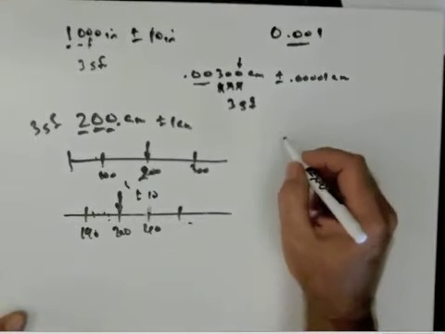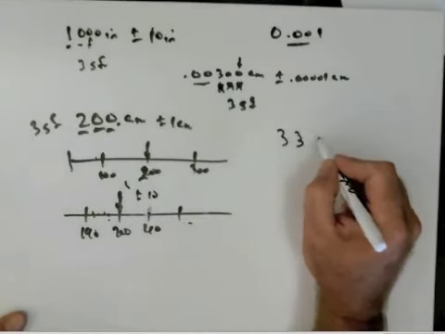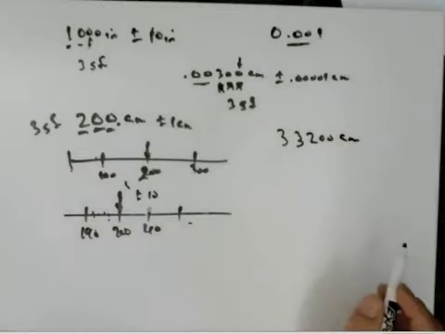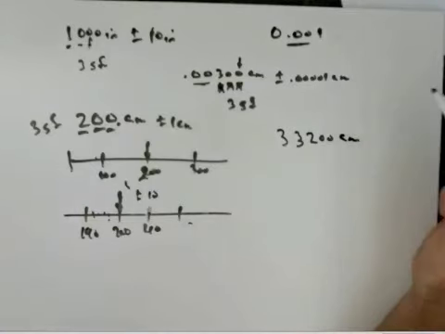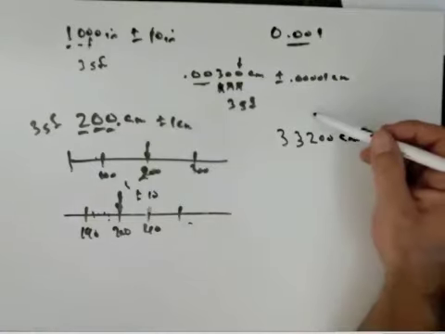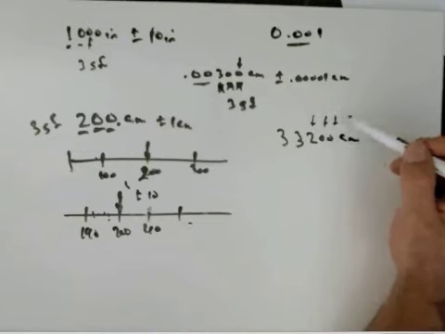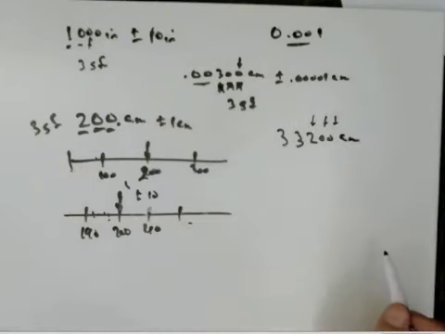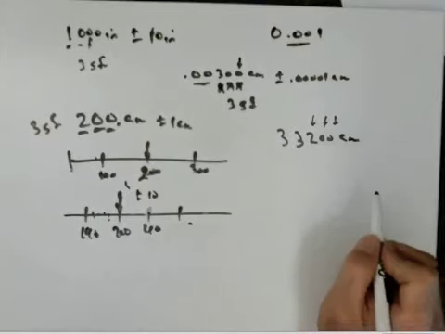Okay, how about the second to last example? Here's another situation, 33200 centimeters, where I can't tell which is the last measured place. It could have been this 2, could have been that 0, or it could have been that 0 in the ones place. So what if it was plus or minus 10?